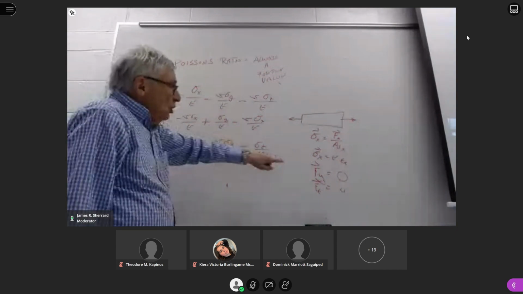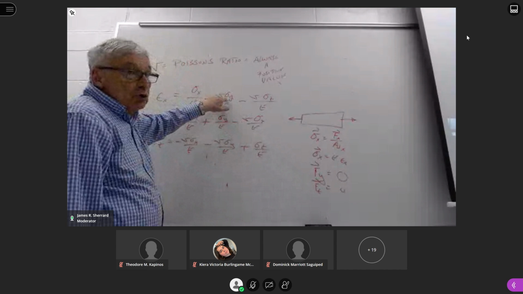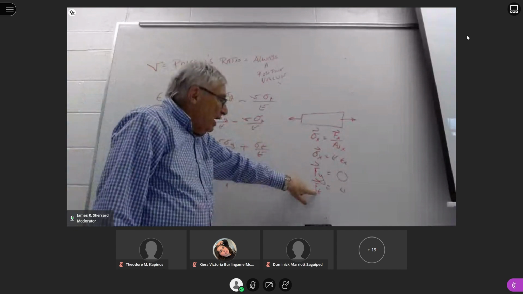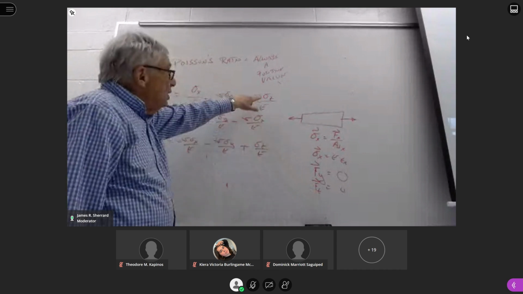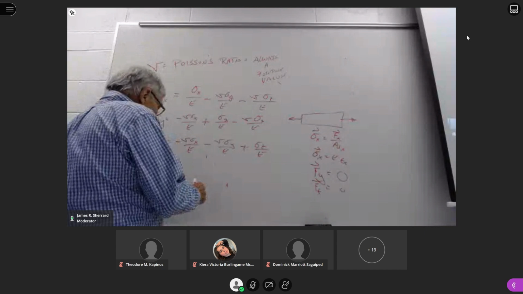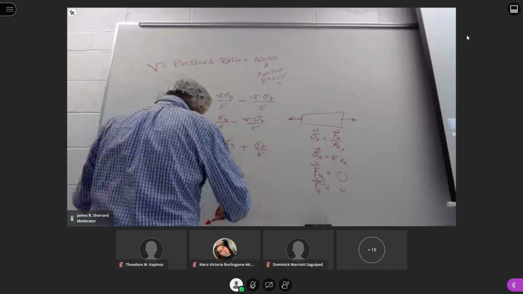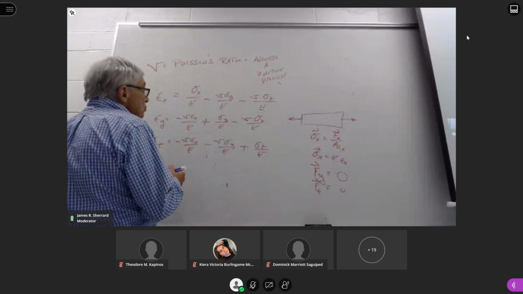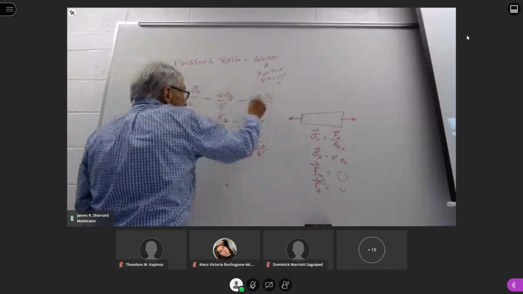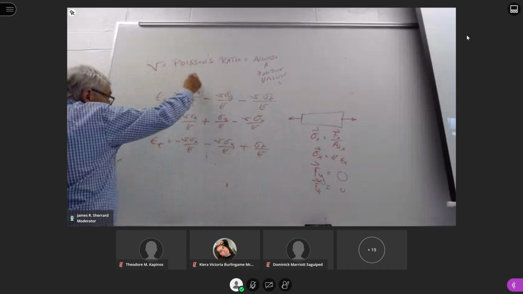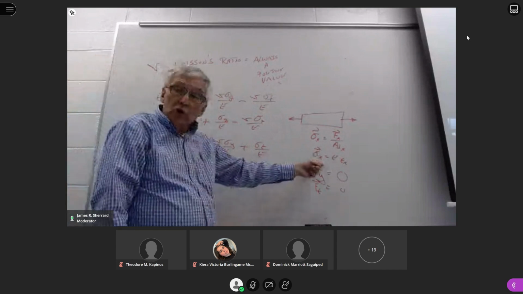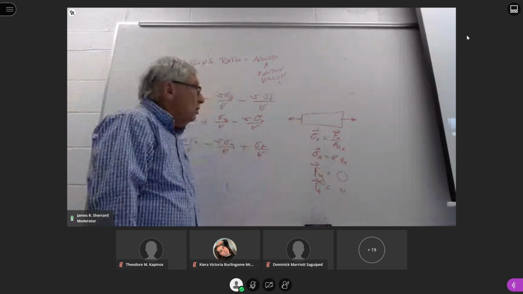So if there's no forces in the y direction, we have no plane stresses created in the y. If we have no z forces, we have no plane stress in that direction. So this evolves down to, this is going to be 0, this is going to be 0. So we have this, which is our basic old Hooke's law for one-dimensional loading.